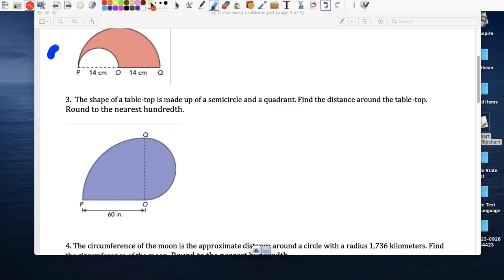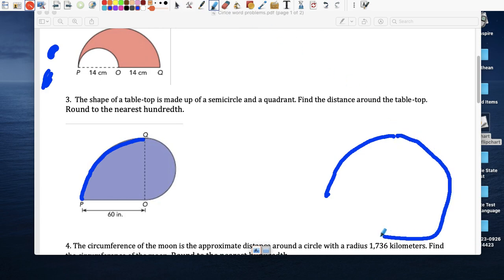Let me make it smaller. Right, so first part is this. And this, by the way, is a quarter of a circle. It's 1/4 the circumference of this circle. So let me draw it out. If you are thinking of a full circle, this part right here is this section right here.